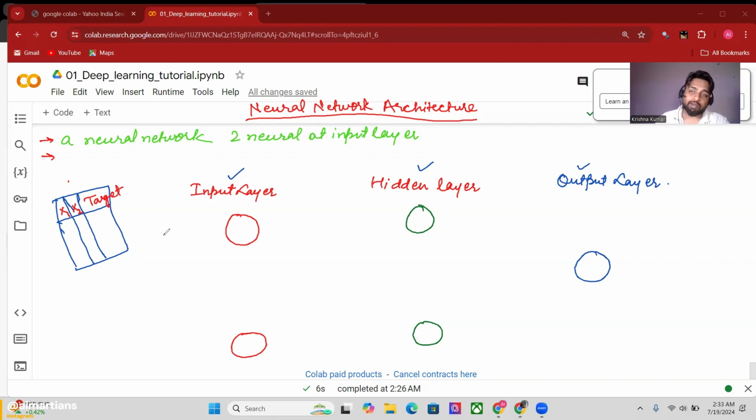So a neural network uses the equation of a line, which is y = mx + c. Here m is called weight and c is called bias. Once again, w is called weight and b is called bias. So w stands for weight and b stands for bias. Keep this in mind.